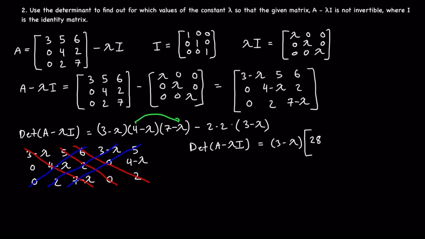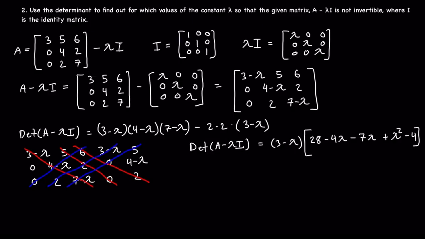And then 4 times lambda is negative 4 lambda, minus lambda times 7, so that's also 7 lambda. And now we have negative lambda times negative lambda, so that's positive lambda squared. And then we have 2 times 2, which is 4.